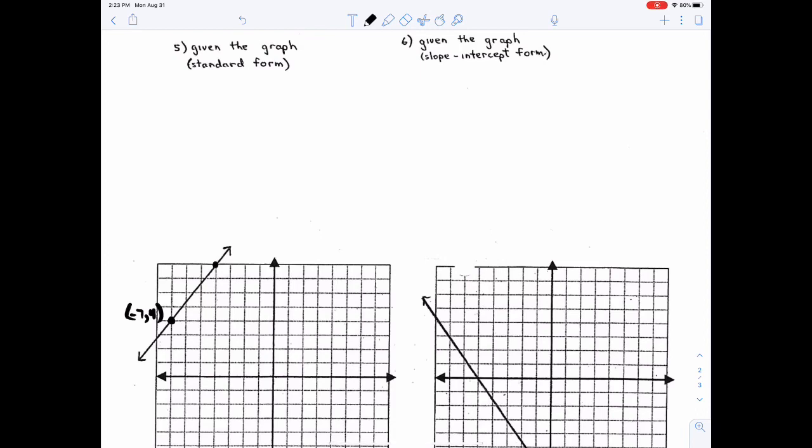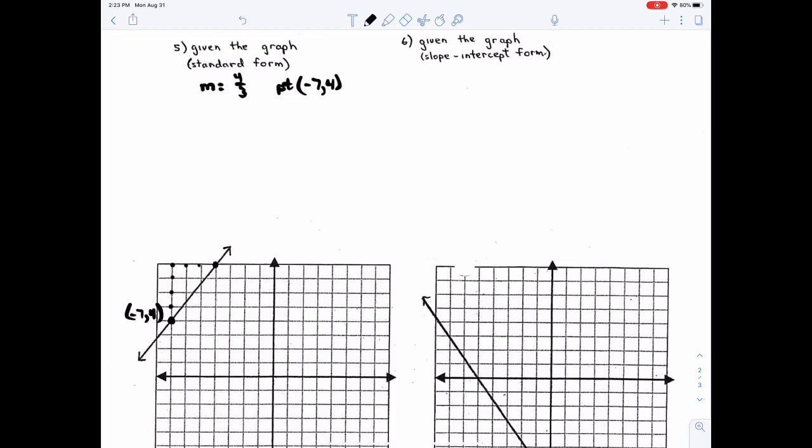But you know what? Just count off the slope. So it's 1, 2, 3, positive 4/3. So the slope is 4/3, and the point is negative 7, 4. Or if you wanted to use the point up here, that's negative 4, 8. That's fine too.